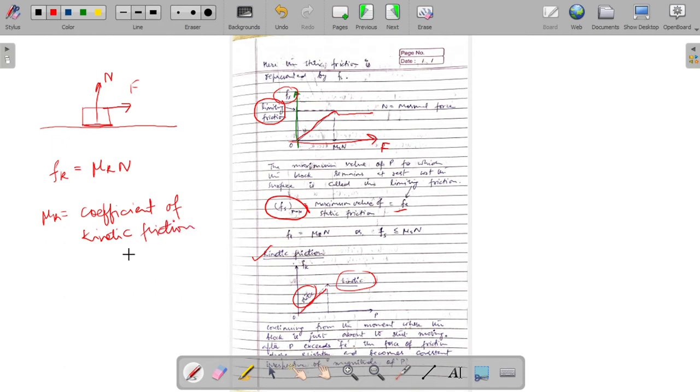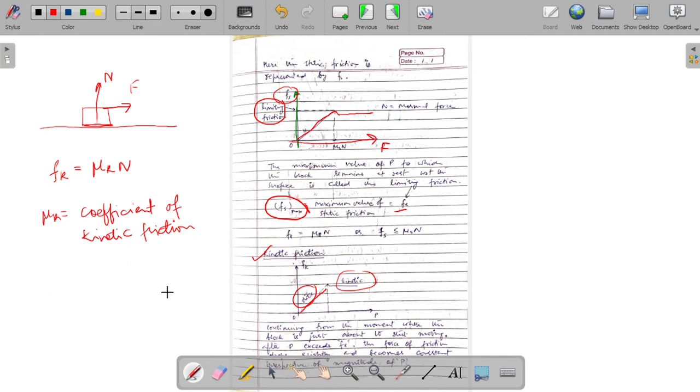These are different constants: coefficient of static friction and coefficient of kinetic friction. Usually they are different, but in most of the questions, to simplify the number of variables for students, the values of mu k and mu s are given as the same. But practically speaking, the values of mu k and mu s are different.